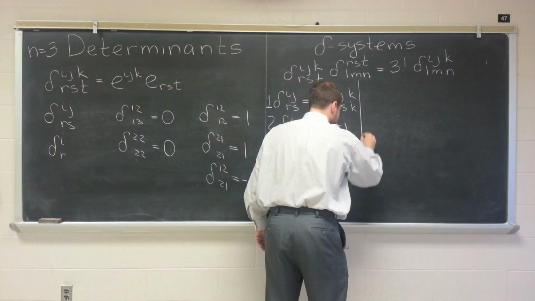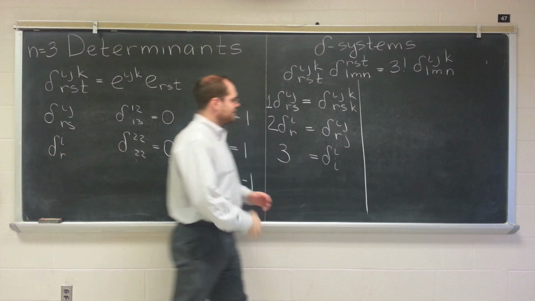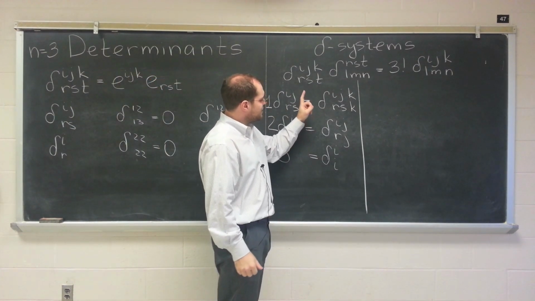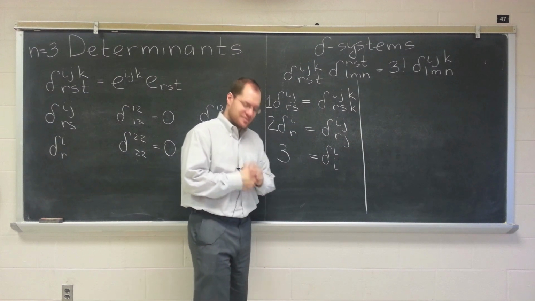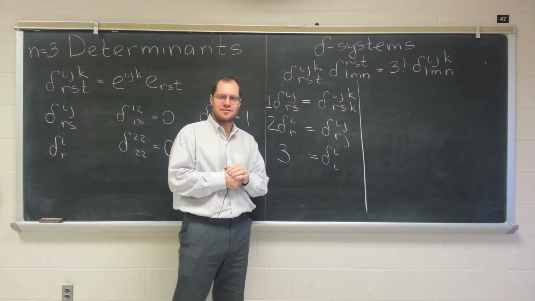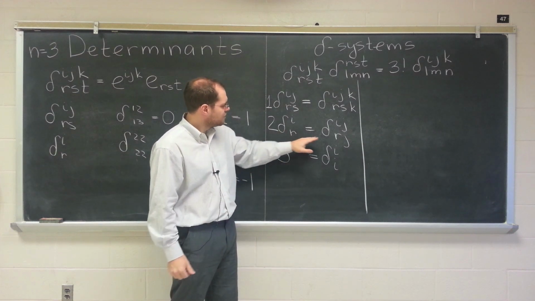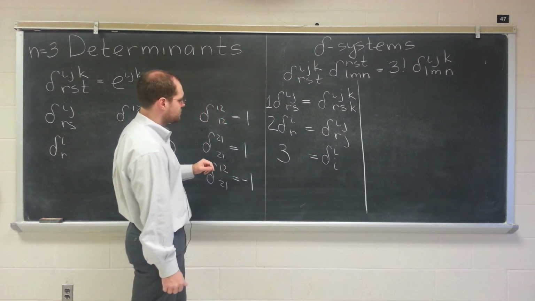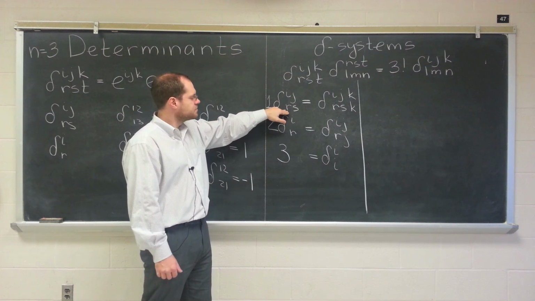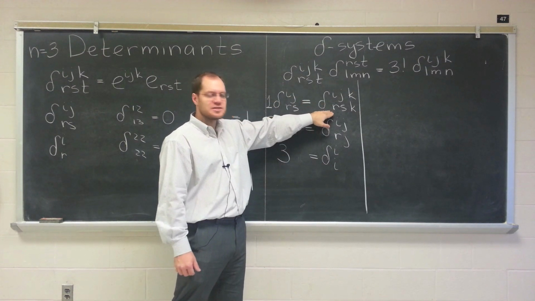They're related by contraction. Number 2 is that, in fact, all of the Kronecker delta systems can be expressed in terms of the Kronecker delta. So I'll start with Kronecker delta of the second order, and then I'll show you the expression for this one.